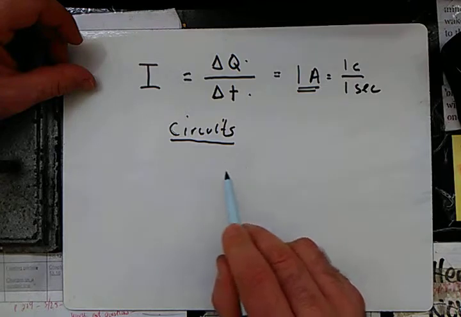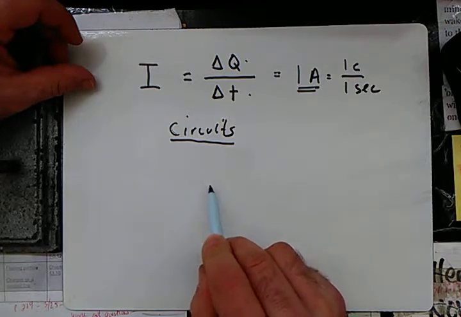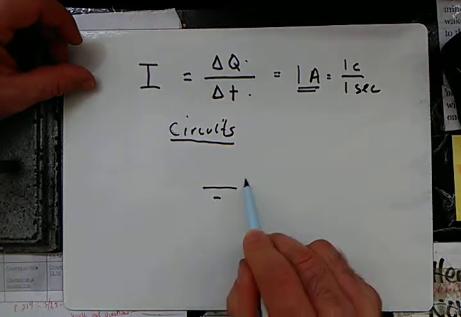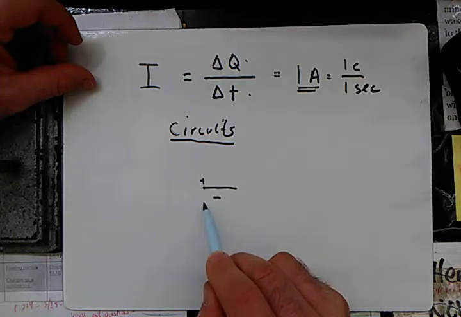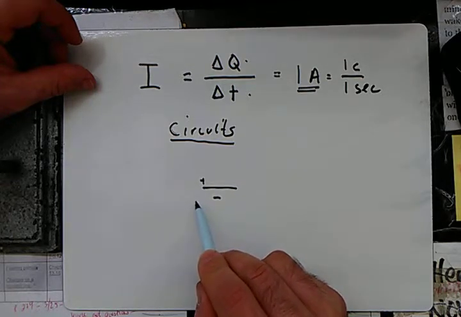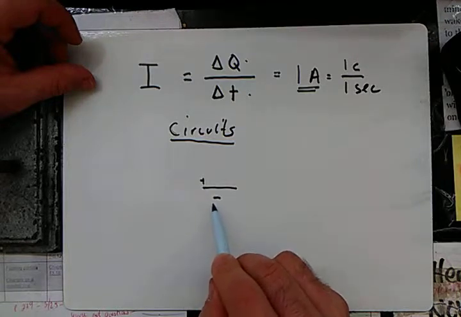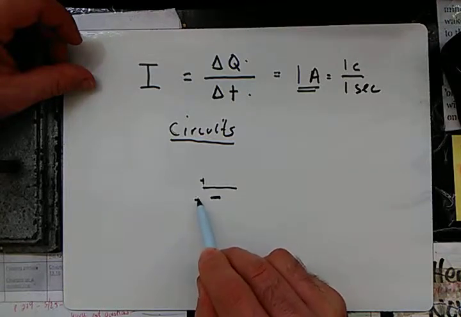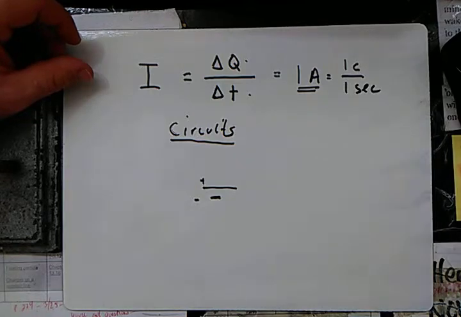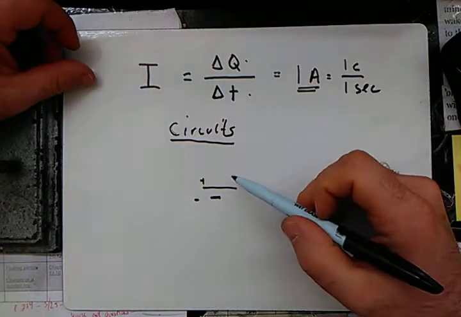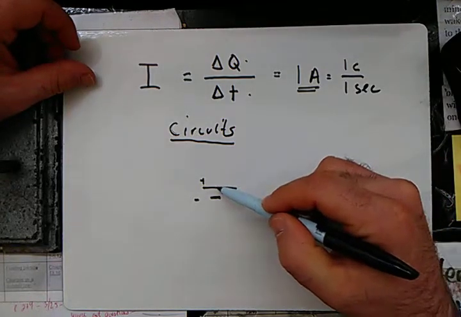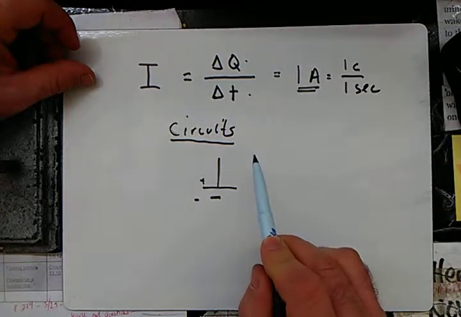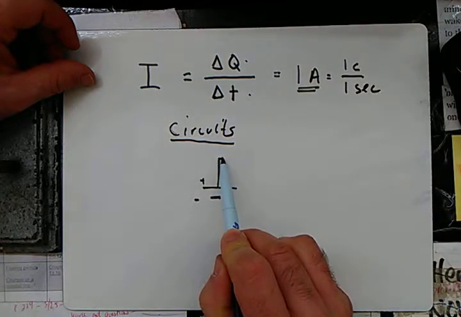When we draw a battery symbol, I'll draw it like this. Positive, and I'll call this negative. Here's the part that can be a bit confusing to people. I'm going to draw the picture here.